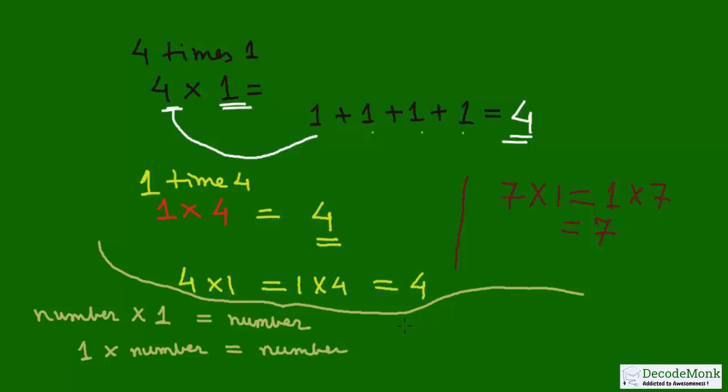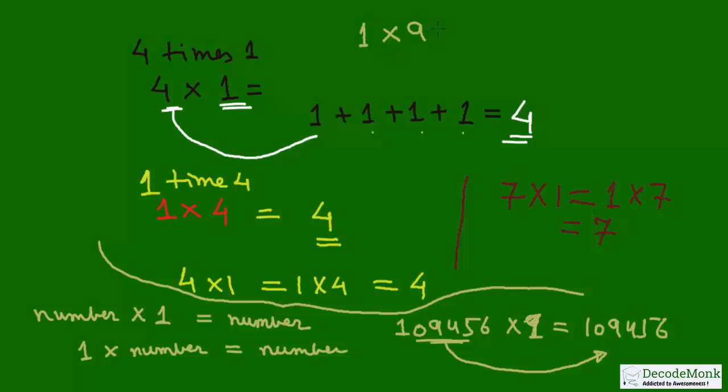For example, 109456 multiplied by 1 will be equal to 109456, the same number. You take some other number, 99992, times 1 will be equal to 99992. So you can take any number, multiply that by 1, and you will arrive at the same number.